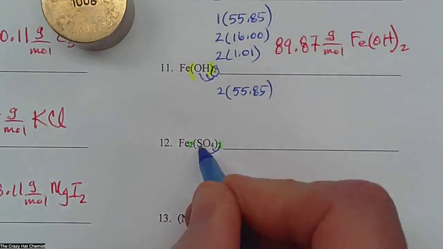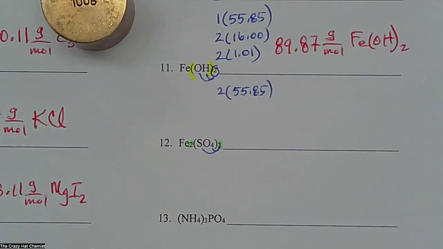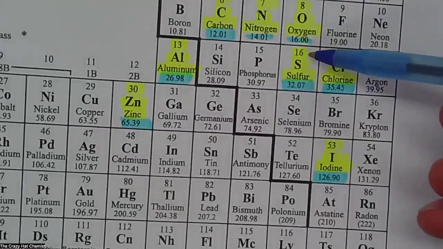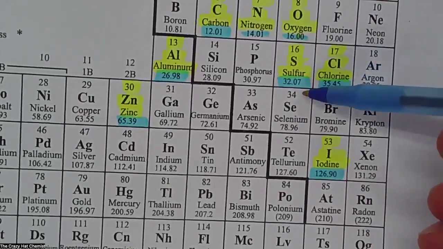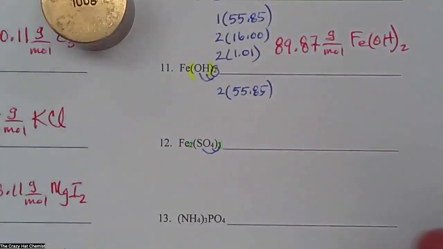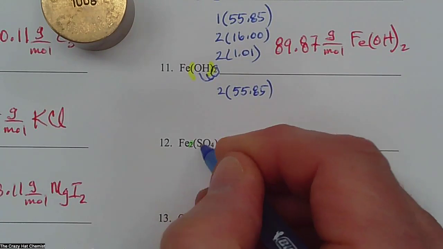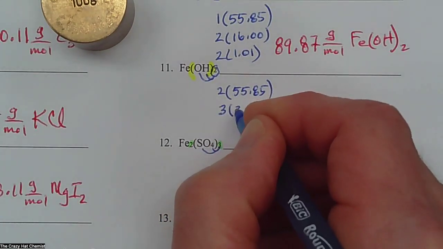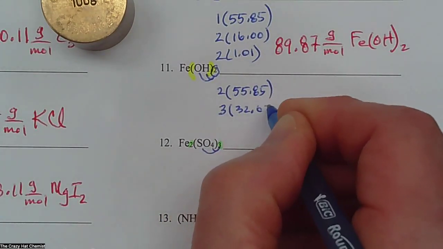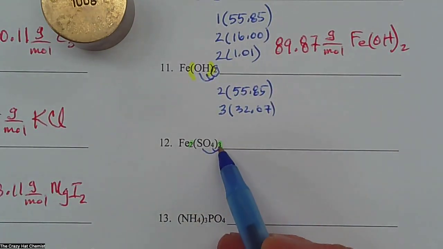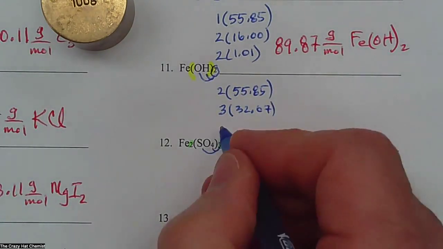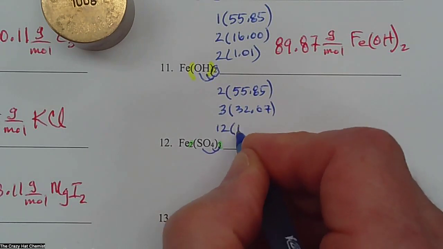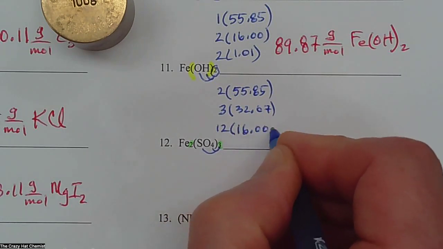And then sulfur, I need to find sulfur. That's element number 16, sulfur, and that's 32.07. There are 3 sulfur, so 3 times 32.07. And then it's 3 times 4, that's 12 oxygens, at 16.00.